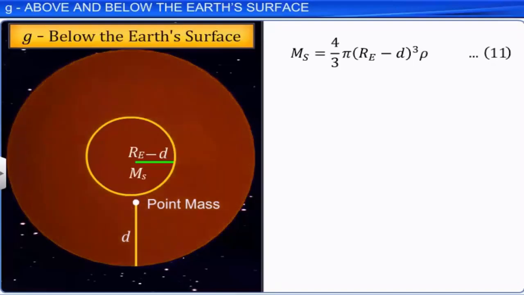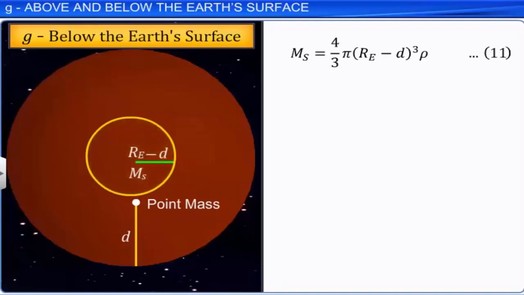However, there exists a gravitational force between the point mass and the part of the Earth of mass ms, as the point mass lies outside it. Thus, acceleration due to gravity on the surface of the sphere of radius re minus d can be written as equation 12.